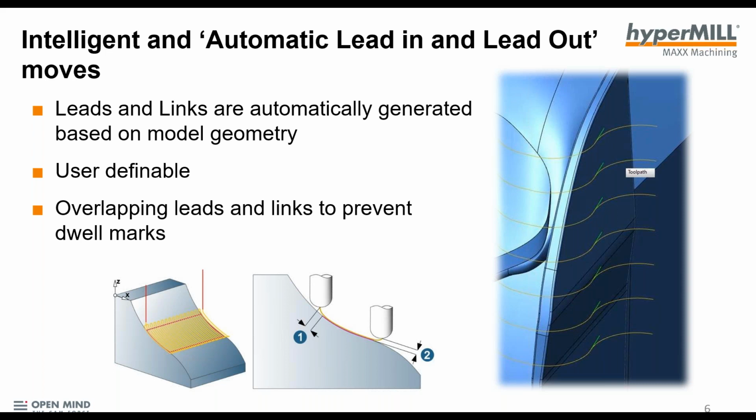The model geometry is analysed before it automatically decides on the most efficient lead in and lead out move to use. There's also an overlapping option to prevent dwell marks if the tool was to enter and exit at the same point. So by overlapping and then sloping away from the part, it ensures that the part's free of dwell marks, leaving you with a perfect surface finish.